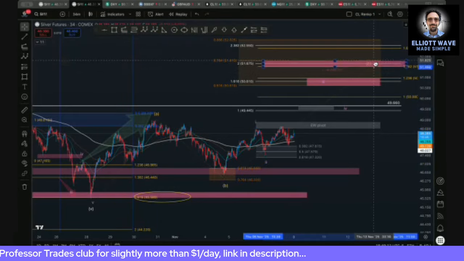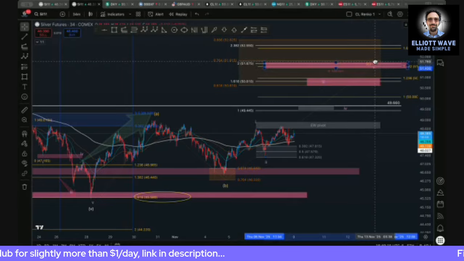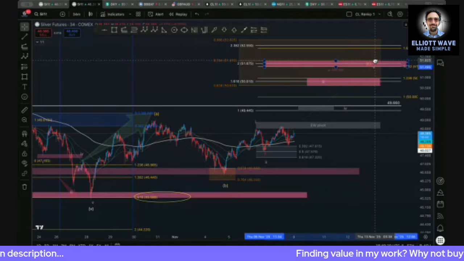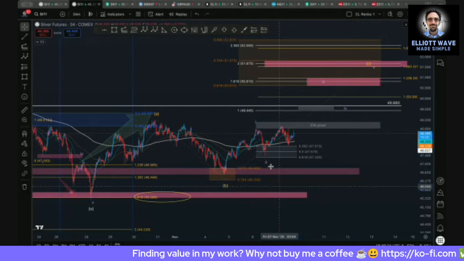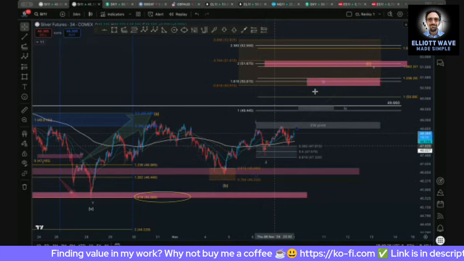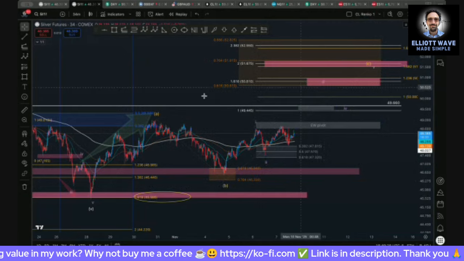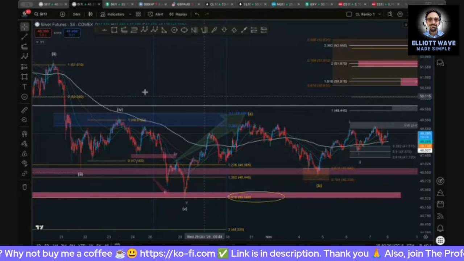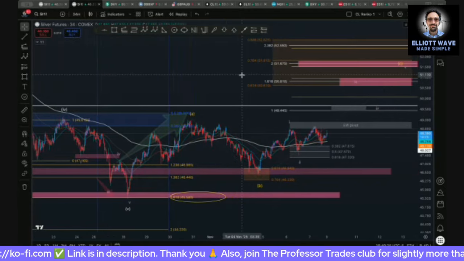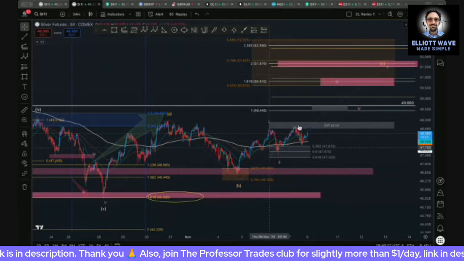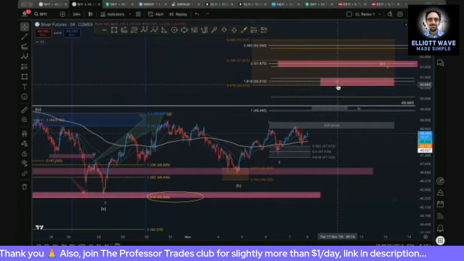And so it's very possible, wouldn't be unreasonable at all, to see this internal move. See, wave 3 in purple should be composed of 5 waves, just as I showed you over here, that this downward wave 3 is very likely composed of 5 waves. So this wave 3 right here should be composed of 5 waves as well.